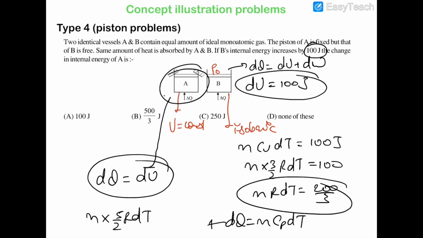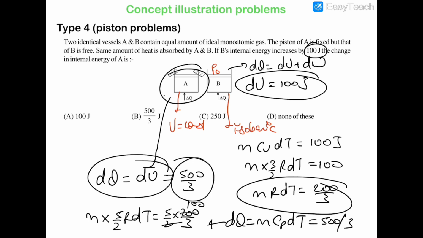Now we know that nR dT is 200/3, so this value will be equal to 5/2 into 200/3, which is 500/3. So the heat supplied will be 500/3, and therefore the change in internal energy of gas A will be 500/3. So the correct answer is B.